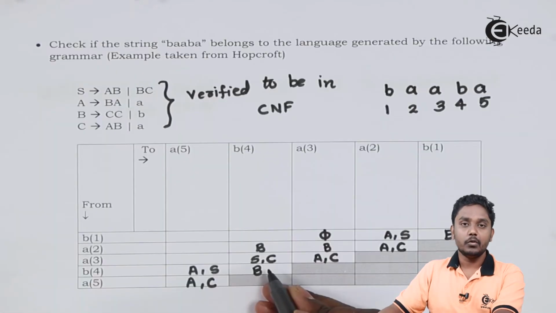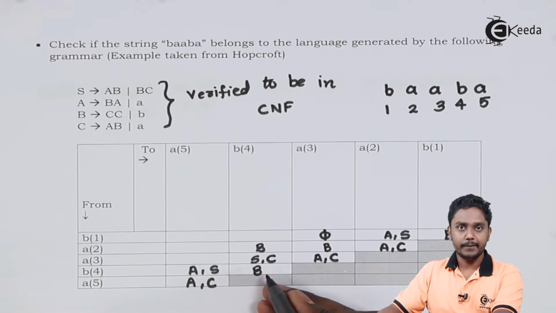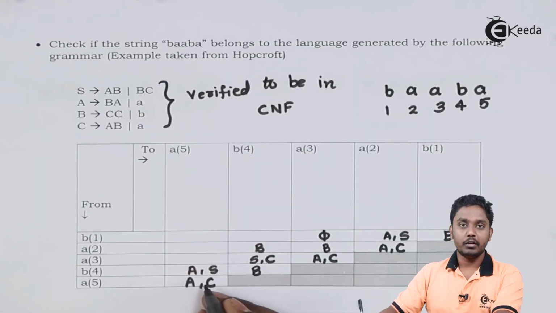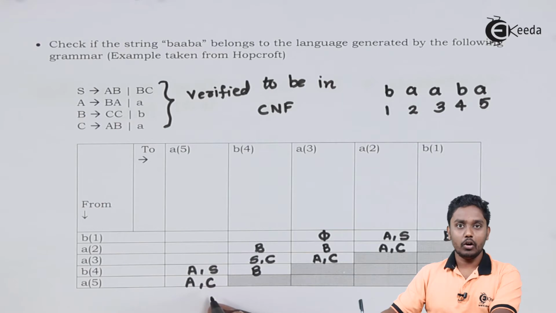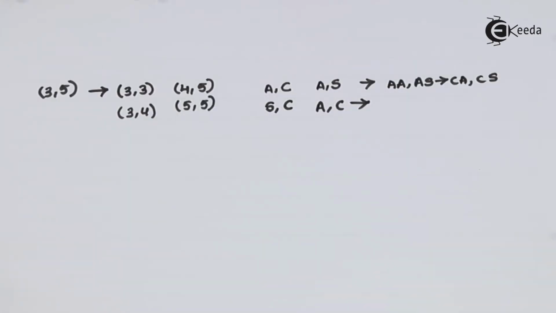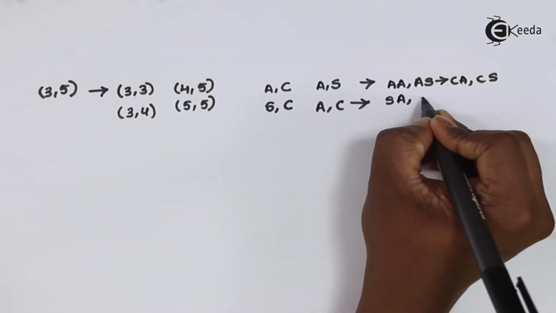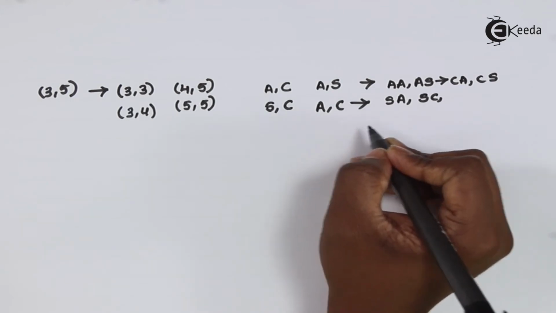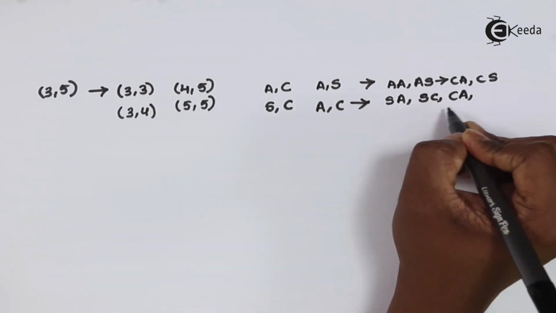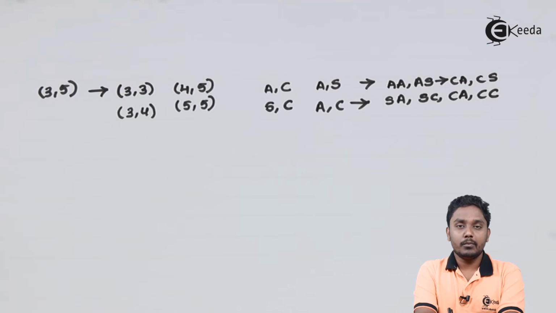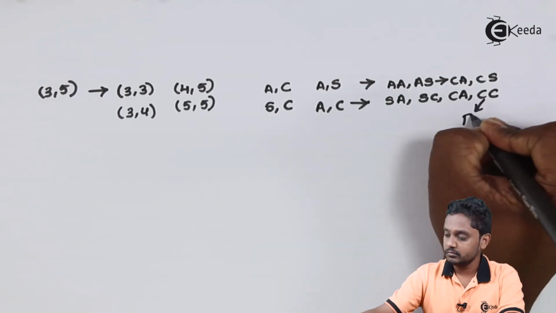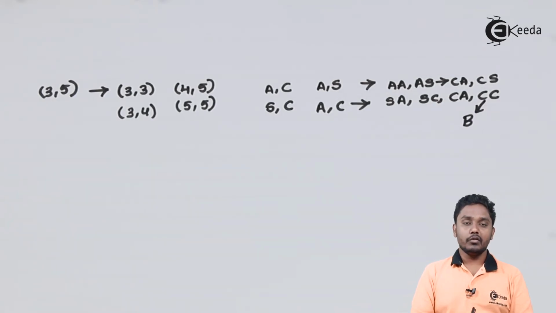3 4 is generated using either S or C. 5 5 is generated using either A or C. The concatenation would generate SA, SC, CA, CC. Out of these substrings, you will find that the only substring which is generated by our grammar is CC using symbol B. Let us write this information to our table.